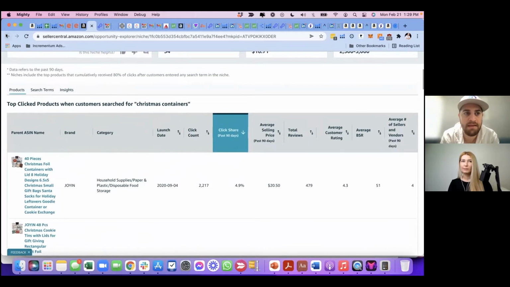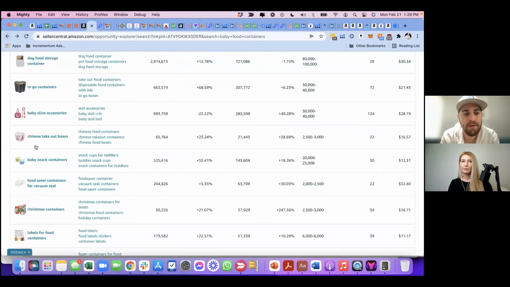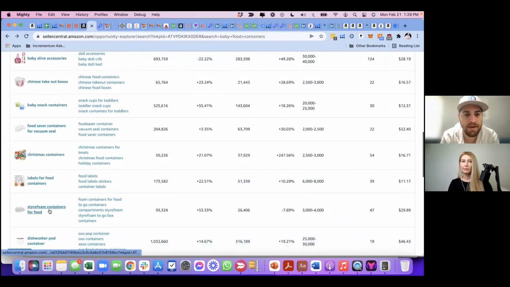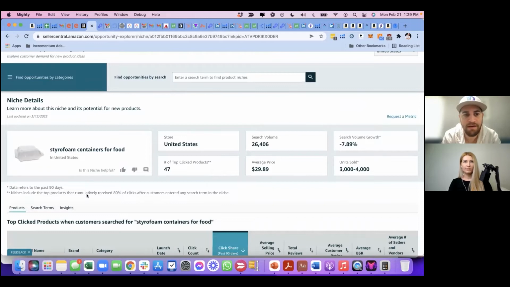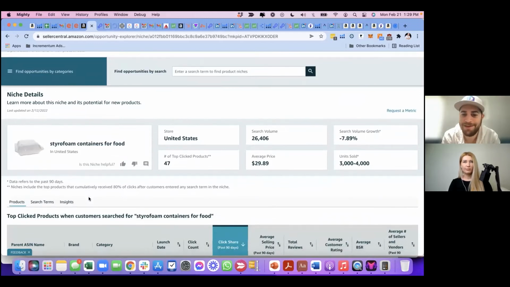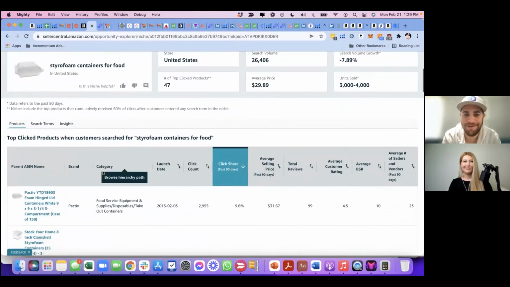Again, I don't know that I would be launching this product in particular now, but there's another search here for styrofoam containers for food. 93,000 searches in the last year, 26,000 in the last 3 months, right? So again, a smaller niche, something that would sell all year. Styrofoam may be on its way down because it's not really environmentally friendly, I think.